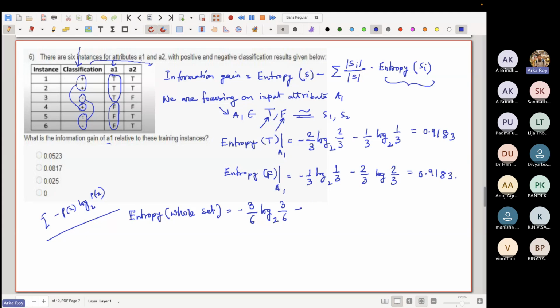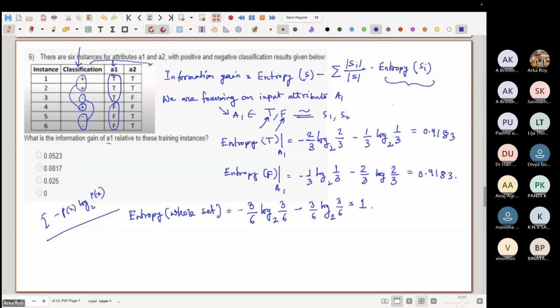In the negative classification part, you have 3 instances, 1, 2, 3, and the total number of samples that you have is 6. So again, it would be minus 3 upon 6. The probability is 3 upon 6 and log 2 of 3 upon 6. So if you solve this particular thing, you will get the output as 1.